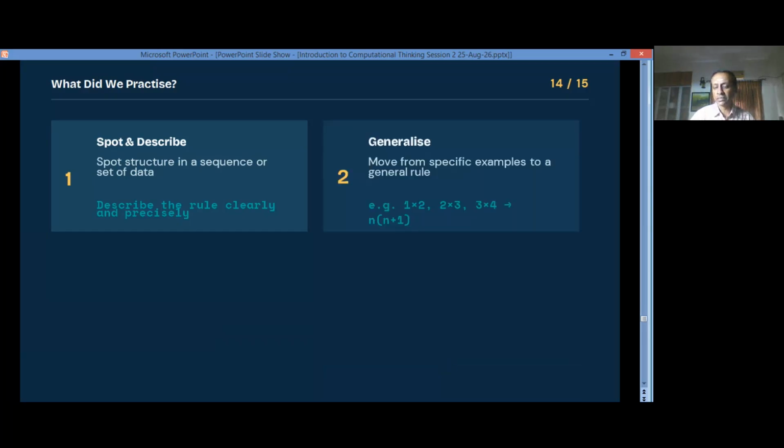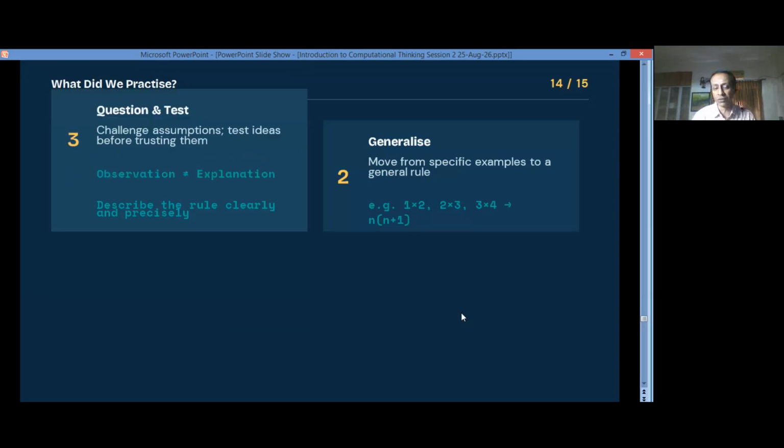Second part is, given a pattern, were we able to, from the specifics, come up with a generalized pattern, or a generalized structure that represents the pattern. So from a small set of numbers from the initial pattern, are you able to come up with the structure for the entire pattern, which will follow the initial set of sequence?